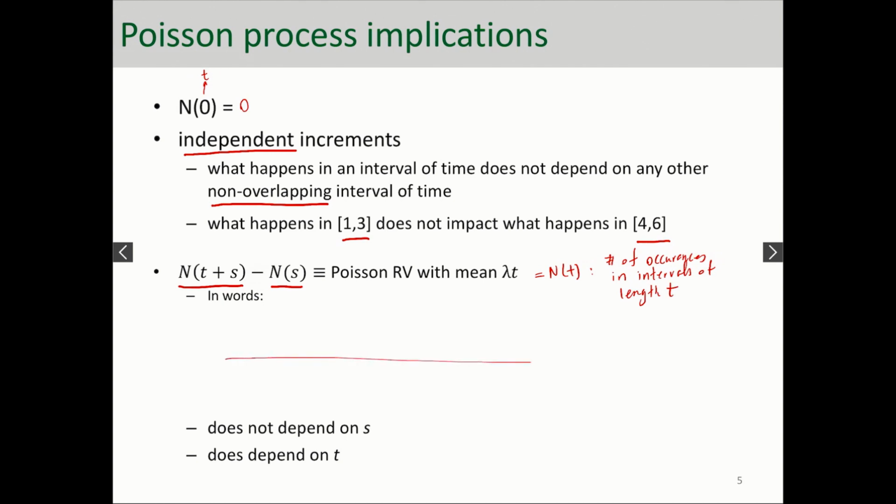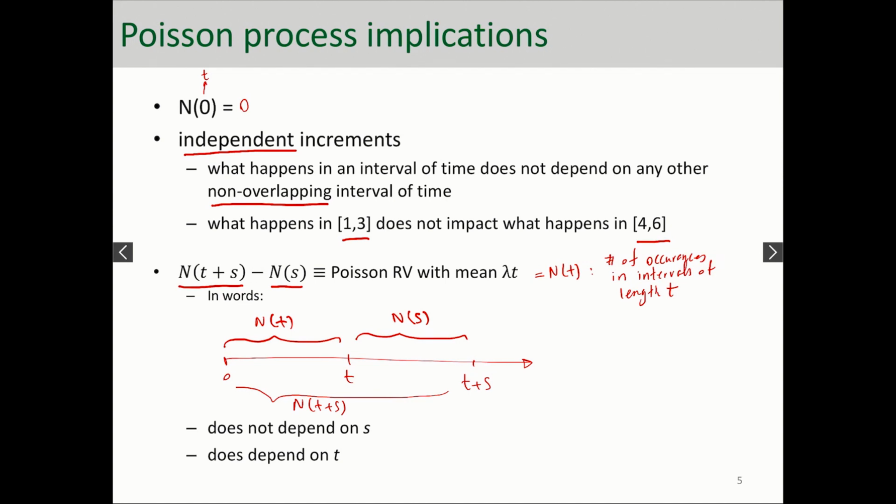So you can think of a time horizon where we have 0, then time t, and then here you have t plus s. This is a random variable, number of occurrences in time t, and this is number of arrivals or occurrences in time s. Obviously this is N of t plus s. So this relationship between N of t plus s, N of t, and N of s is true for any s and any t, generally speaking.